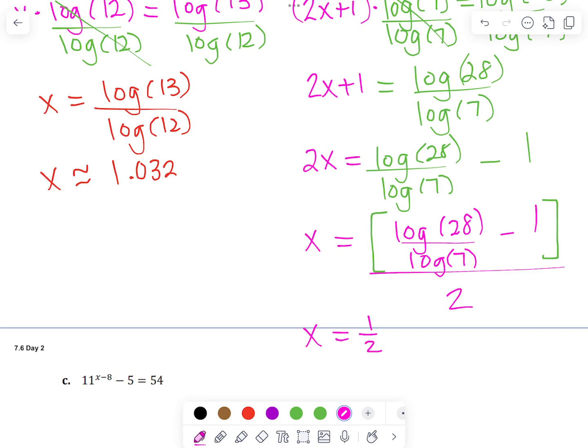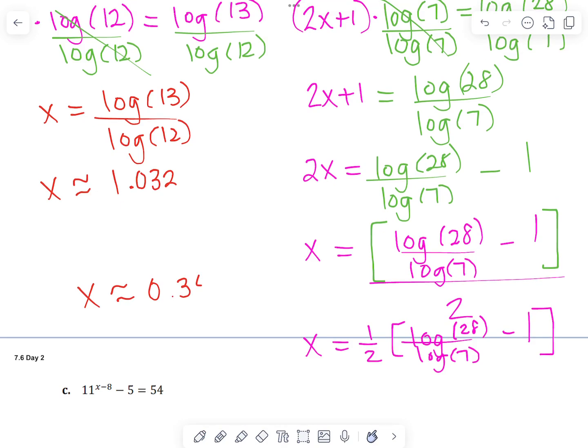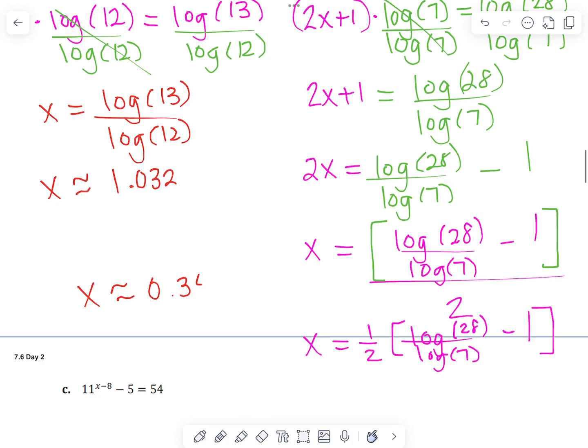So that's the other way to do that. You take 1/2 of log of 28 divided by log of 7 minus 1. You'll get the same answer. So your answer will be x is approximately 0.356.